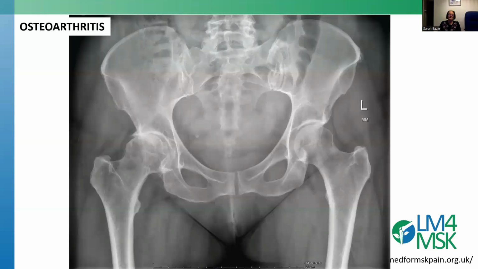Now this is an X-ray and you can see that there is osteoarthritis in the right side. There is point loading. Now if you notice very carefully, this is not a well-contained hip. Even this side is not a well-contained hip. It should be a little bit more inside. We'll come to that in a minute, what is known as a cam deformity. There is some dysplasia. There is point loading here.